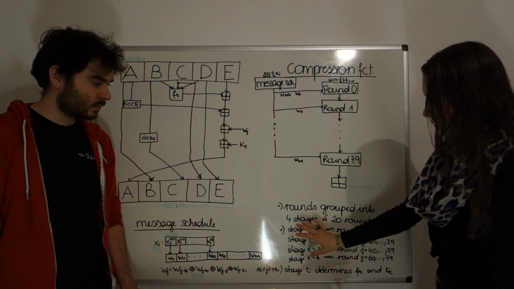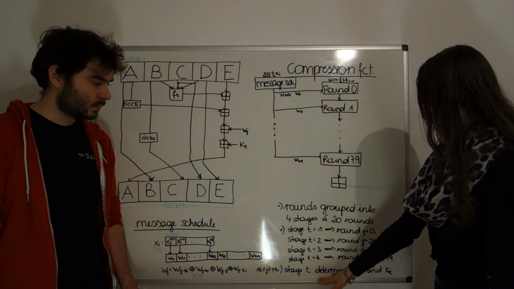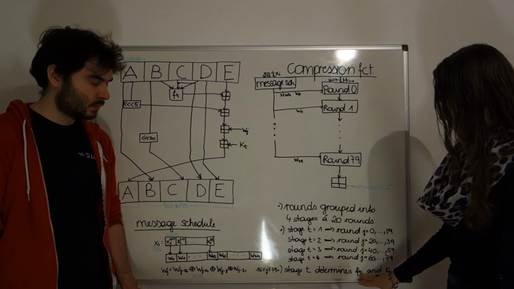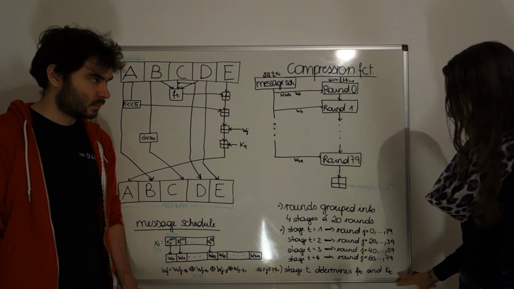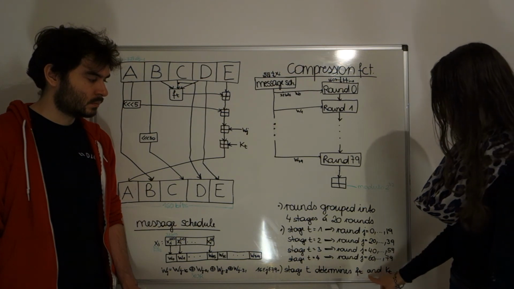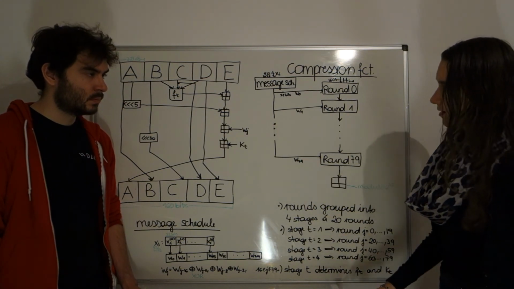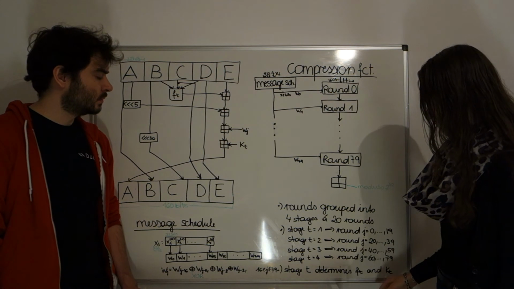And these 4 stages determine how our function f_t and our round constant k_t look. So these two will come into the game in a moment.